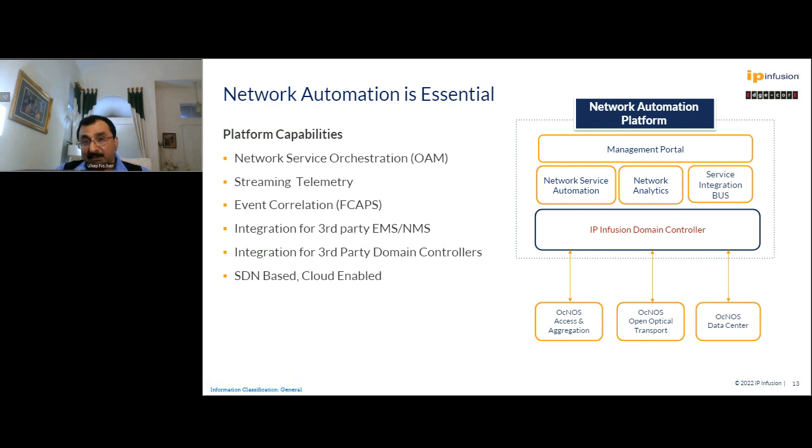So how do you bring this new operating system and the new open hardware and make it a part of your existing framework? So you need those telemetry interfaces as well. So basically, the network automation platform now becomes the key, because you have to deploy this network at scale. Over to you, Nanda.